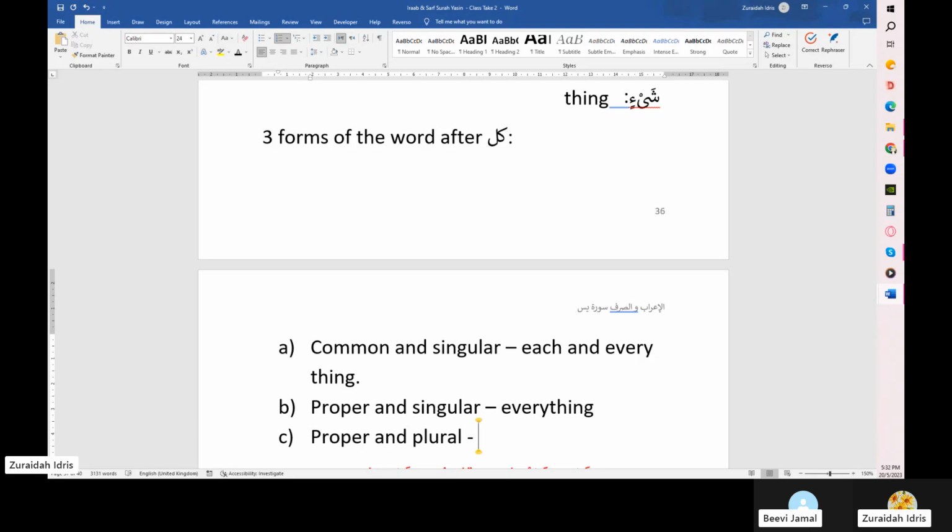So kula masajid would be all of everything, all of all of things. If it was masjid, then I would have said all of the masjid. But we would have said all of the masjids.